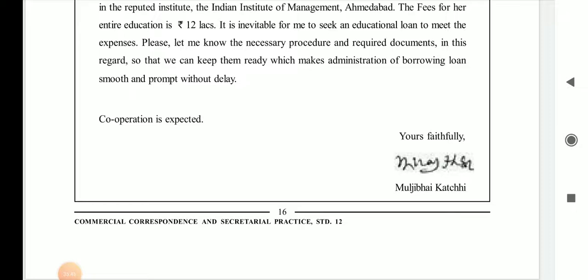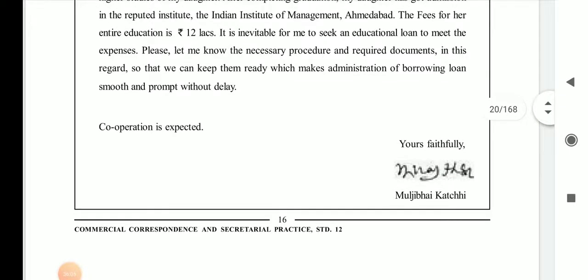The person wants to know the whole procedure and which documents are needed to get an education loan very easily, so that we can keep them ready, which makes the administration of the borrowing loan smooth and prompt without delay.